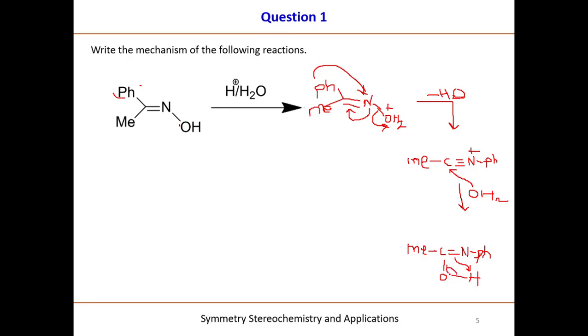And this rearrangement will take place. This proton will be taken by this nitrogen atom, and carbon-oxygen double bond formation will take place to give the keto form, the product here. What is the product?